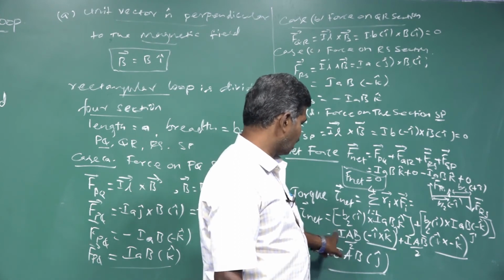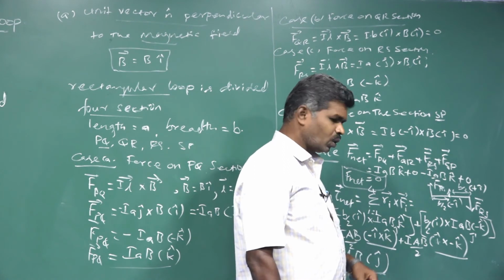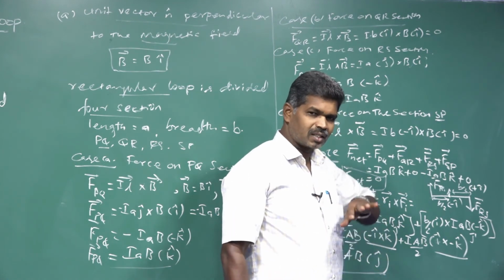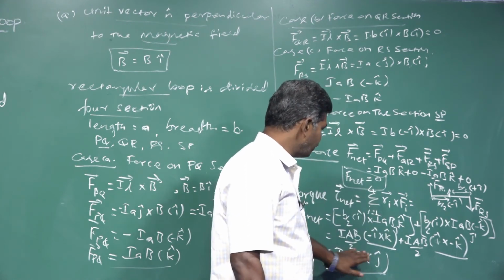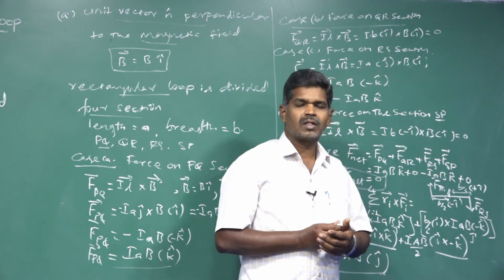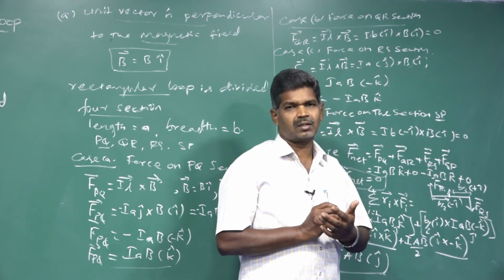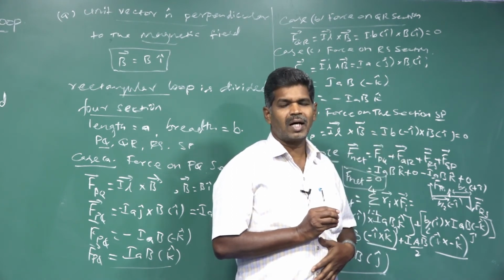That torque on a rectangular loop, when it is placed in a uniform magnetic field, if the plane is parallel to the magnetic field, the torque value is IAB into J cap. Then we are going to see the plane is rotated, that normal makes theta angle with that magnetic field.